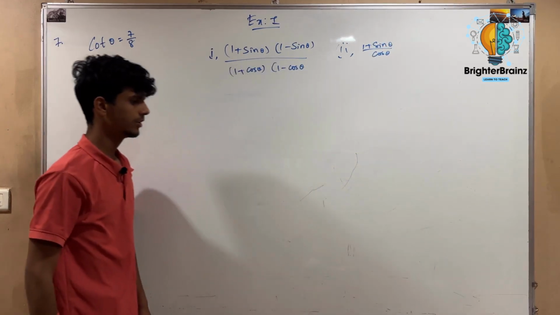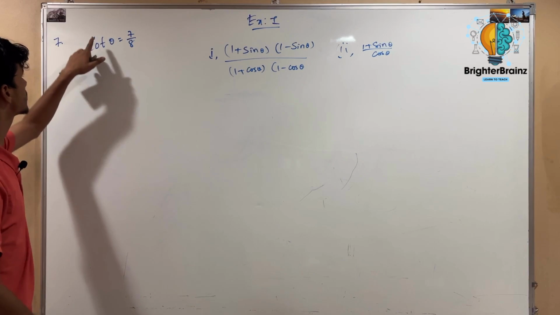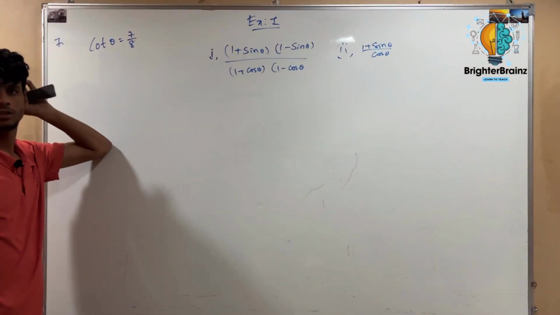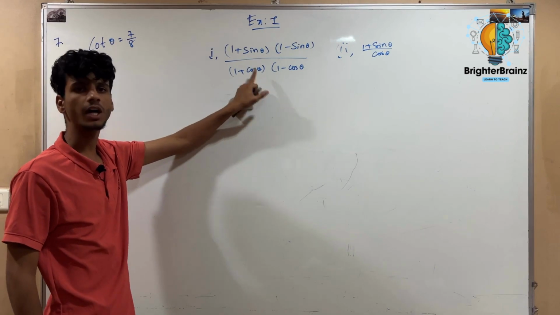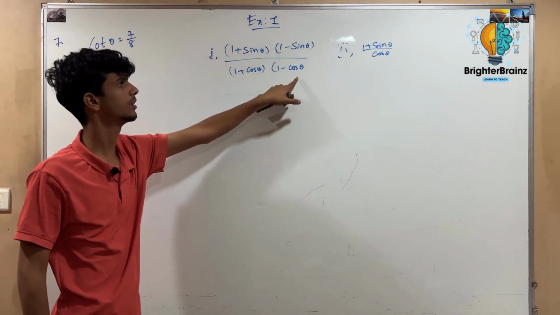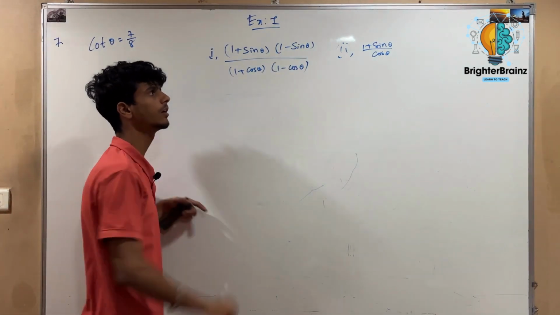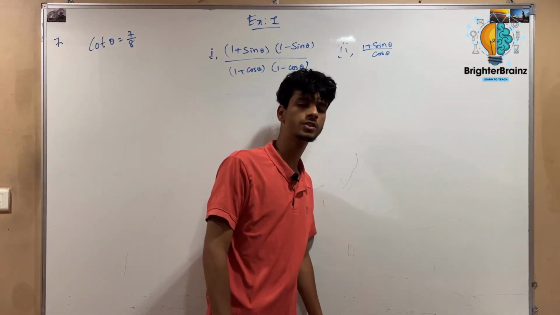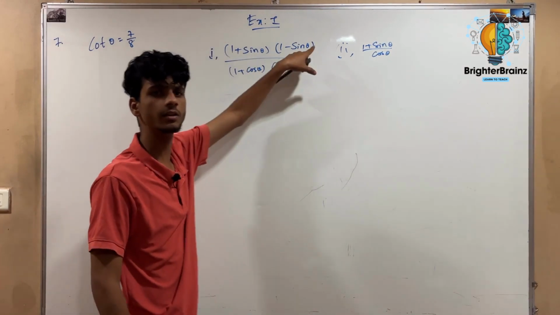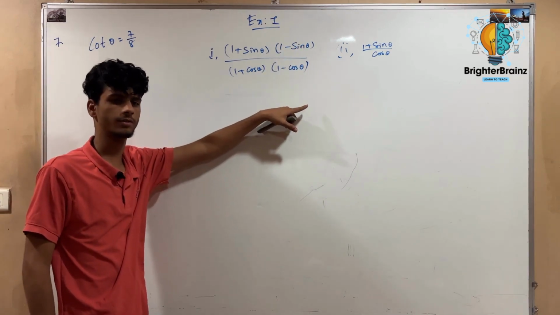The given information is cot theta, so sine theta and cos theta, the other trigonometric ratios, are involved here. So first we need to find the value of sine theta and the value of cos theta.